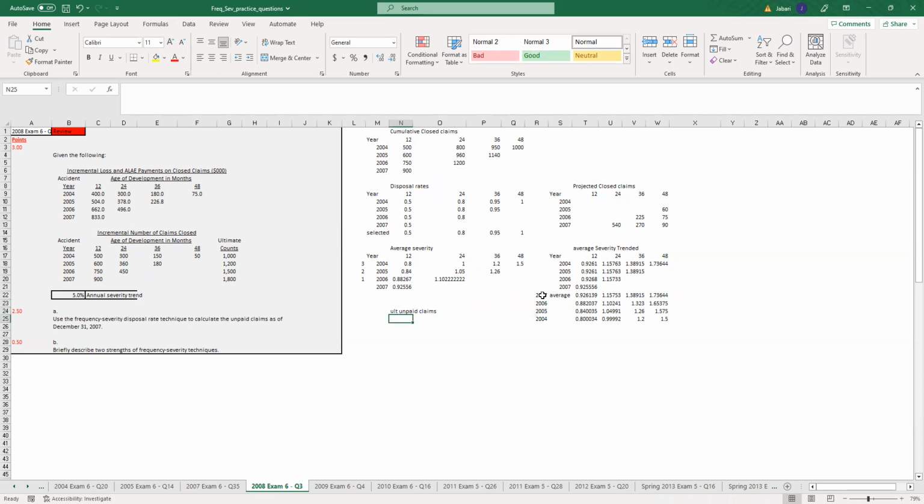So then, this equals, and to make it faster, we're going to do some product. All of 2017 by the average trend. You do this twice more.